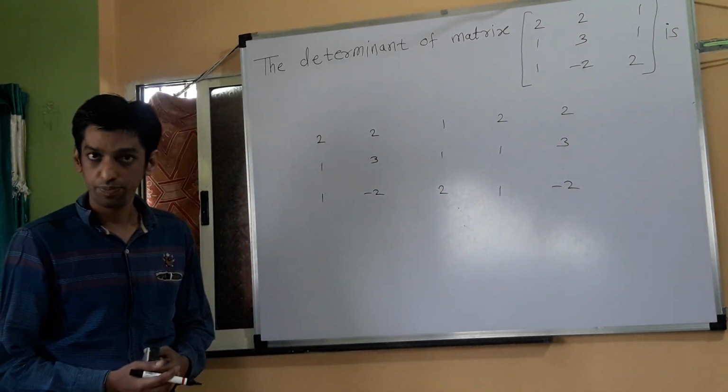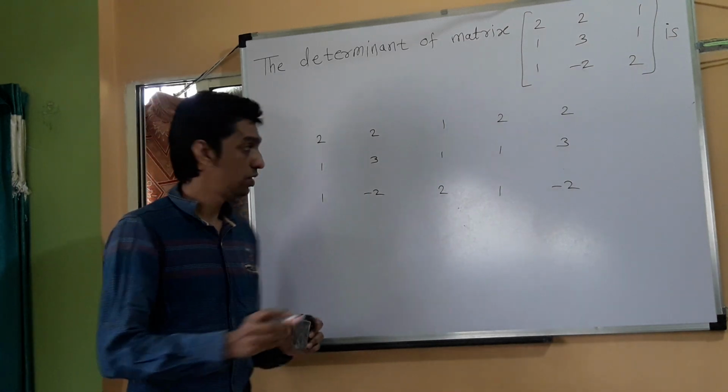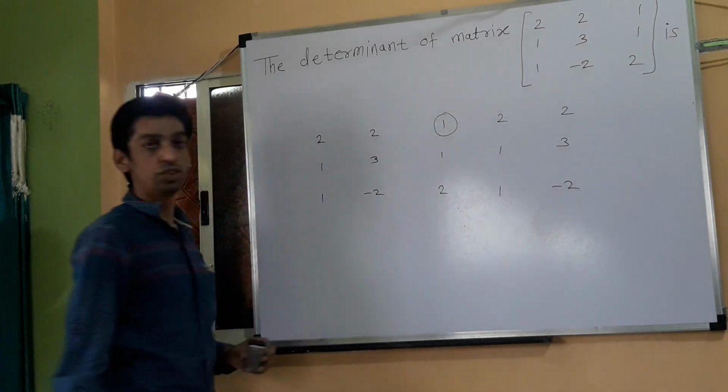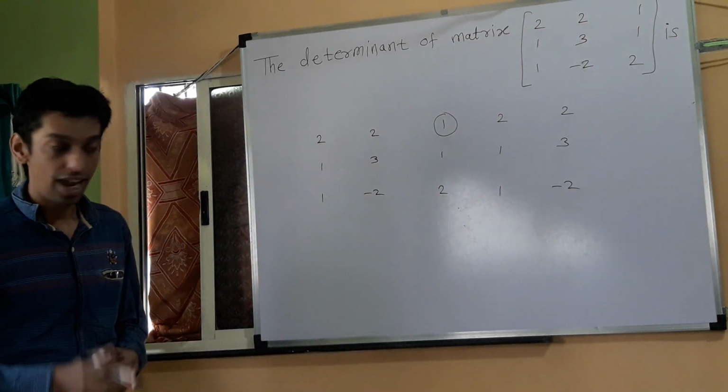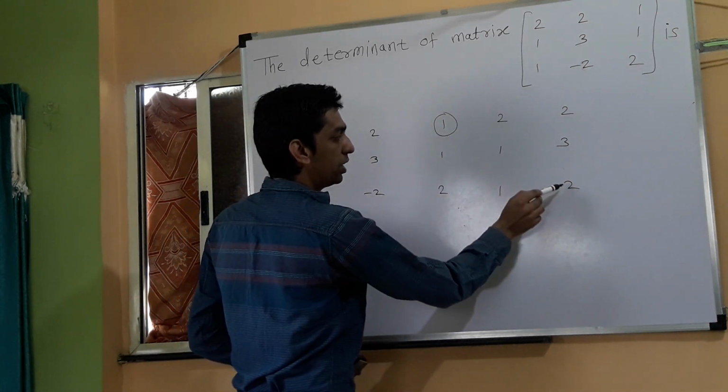Then in the next step we have to mark the center element of the first row. This is the first row, and this is the center element, and from that center element we go diagonally to the right.